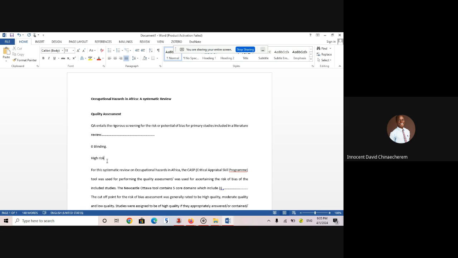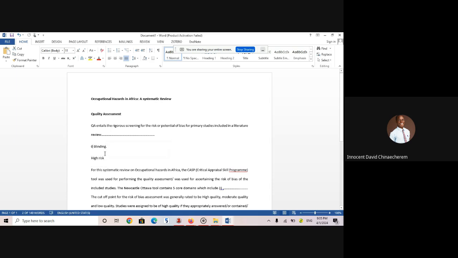Once in that primary paper it is noted that blinding is 0, it means that the work has a significantly high risk. But other parts like randomization, which is another domain, maybe might still be low risk or moderate, but that doesn't apply there.